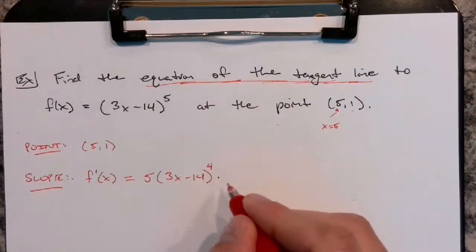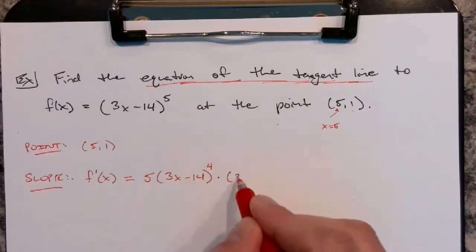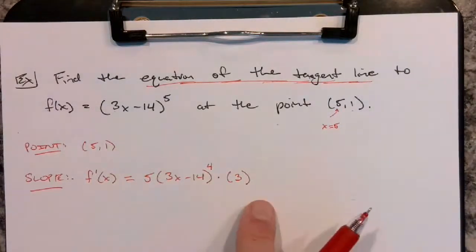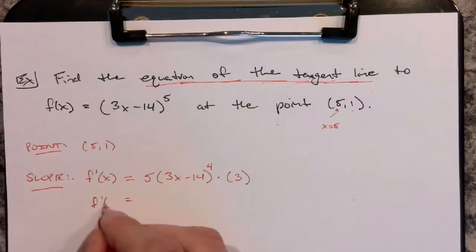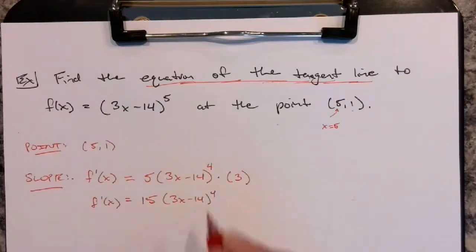And you want to multiply this by the derivative of the inside, so times derivative of 3x is just 3, derivative of negative 14 goes to 0, so just times 3. So f prime of x is really equal to 5 times 3 is 15 times (3x minus 14) to the 4th power.